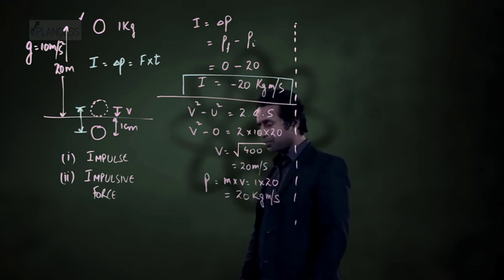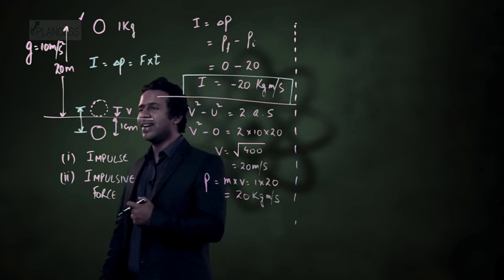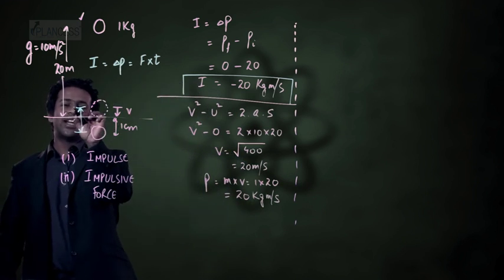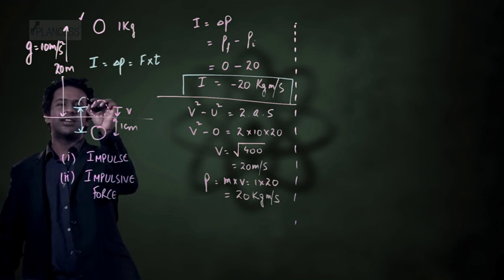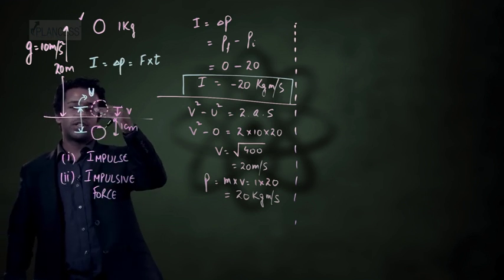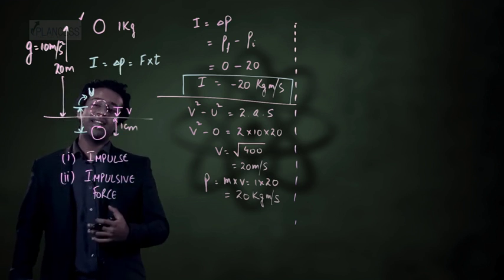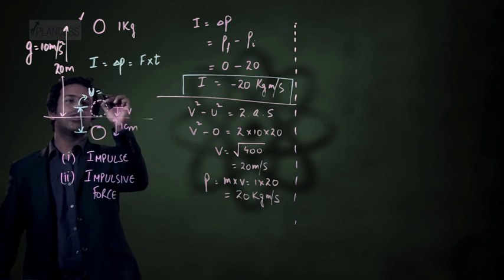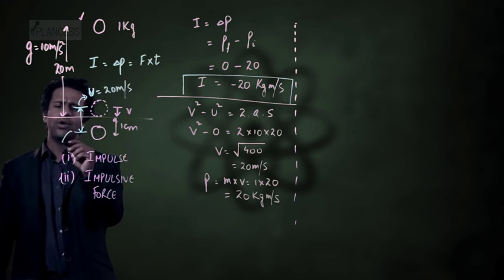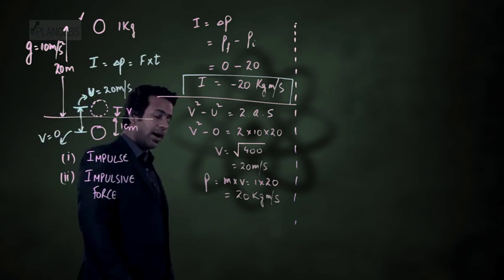Right. So for this interval, let's think about the variables we know of. We know that just when the collision started, the speed, which would become the initial speed in this case. For the second interval, the speed is the initial speed, and we know the value is 20 meter per second. We know that the final velocity was 0. Right.